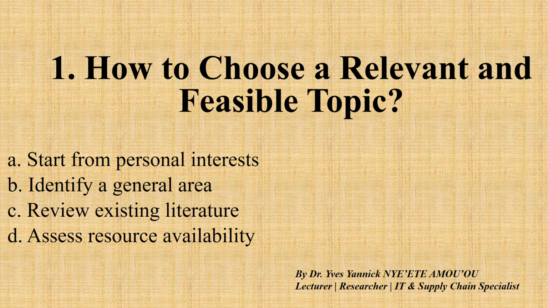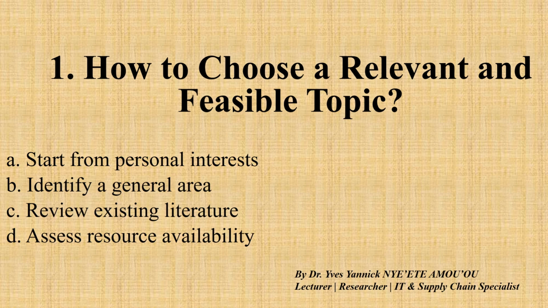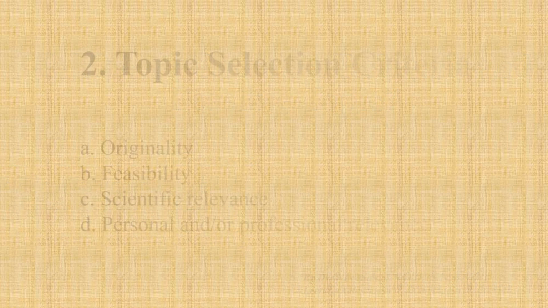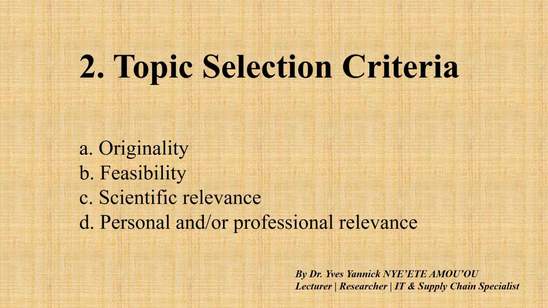After that, we go immediately to section 2. The title of section 2 is Topic Selection Criteria. Here, we also subdivide this section into 4 sub-elements.